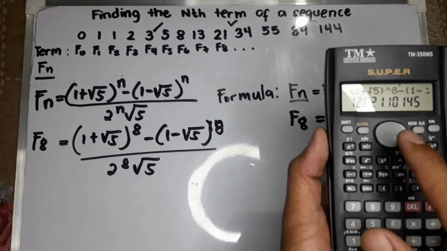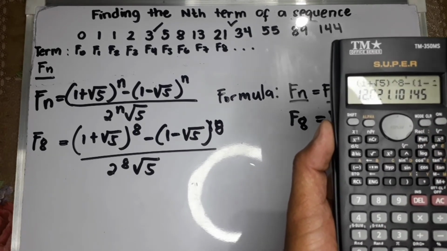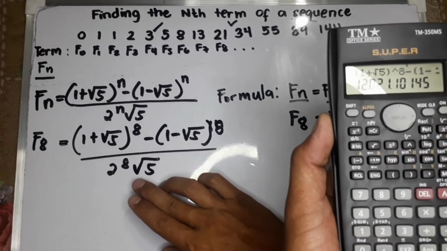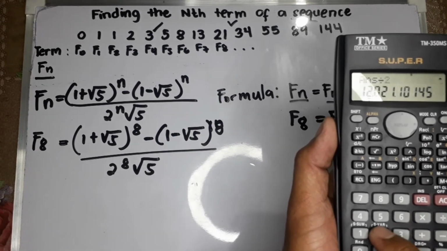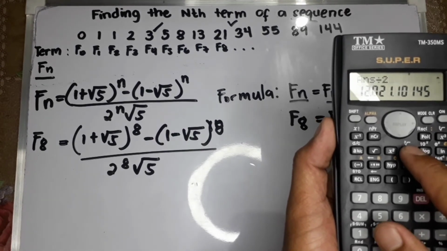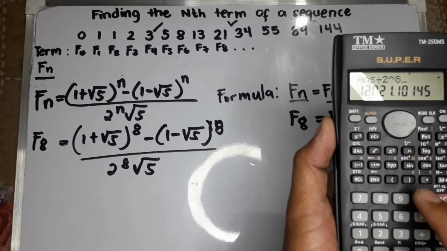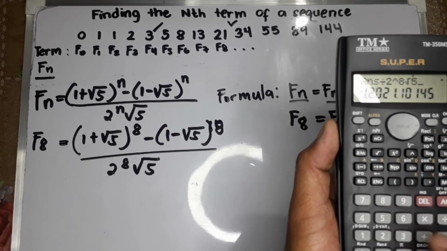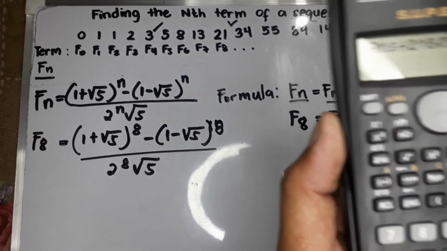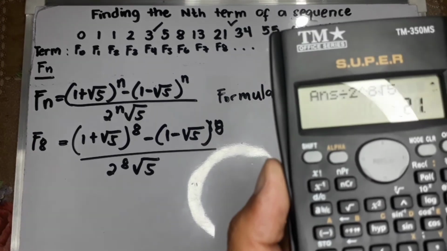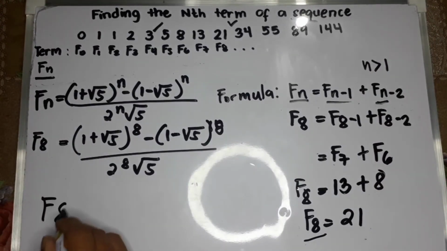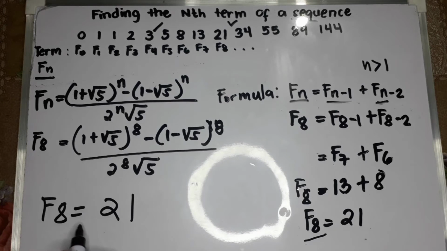And then we are going to divide the answer by 2 raised to the power of 8 times the square root of 5. So the answer is 21. So we have the same answer with a different formula. So F8 is equal to 21. So they have the same answer.